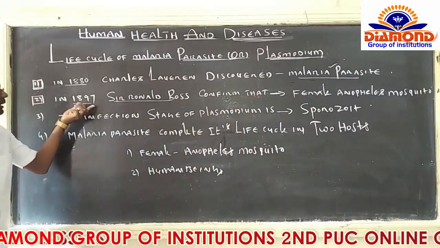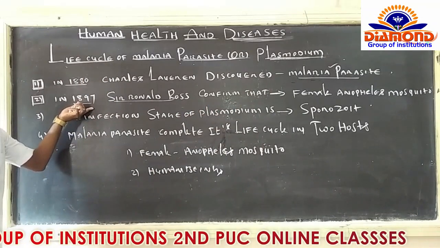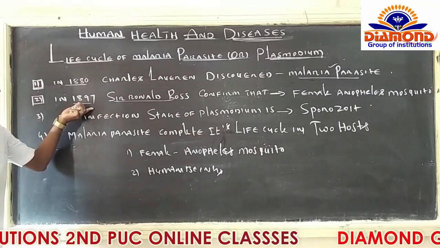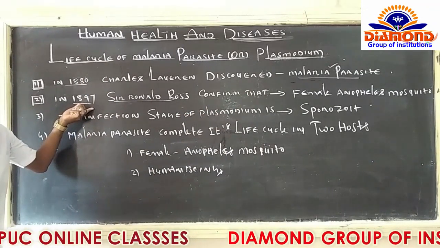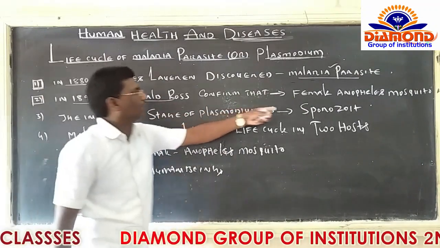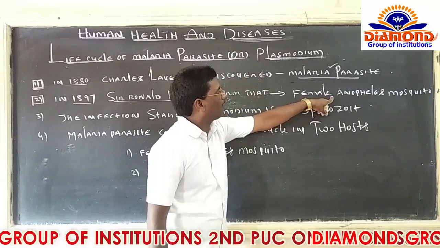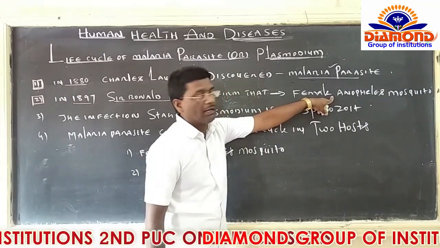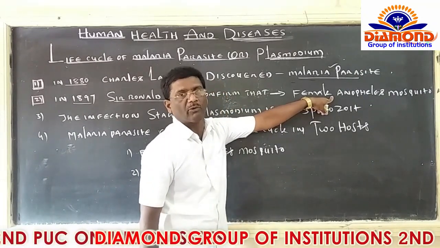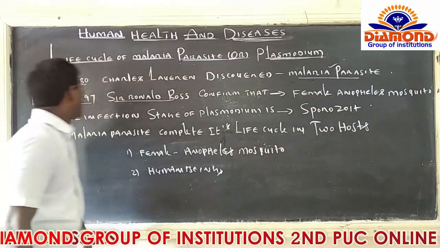He is a British doctor. He came from England to Hyderabad, and in Hyderabad only he discovered and confirmed that. The basic transmission of malaria fever disease is the female Anopheles mosquito. For this he got a Nobel Prize also.